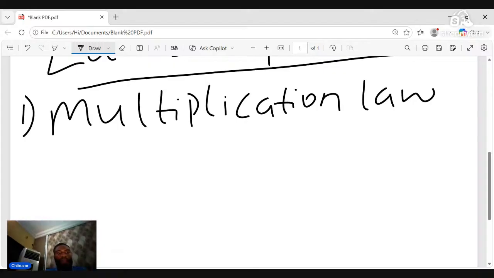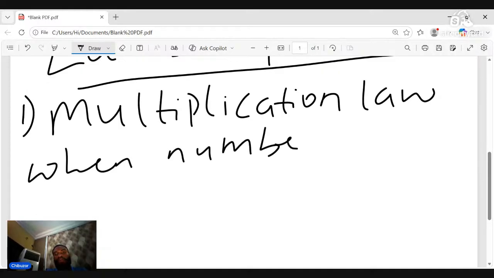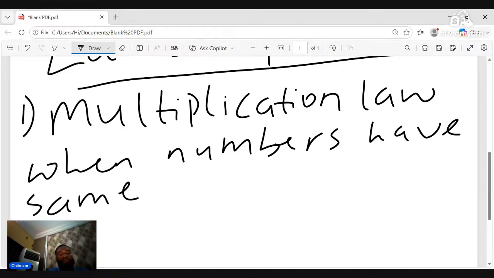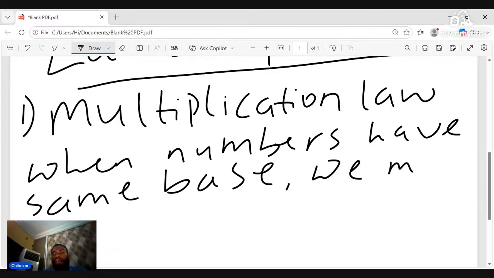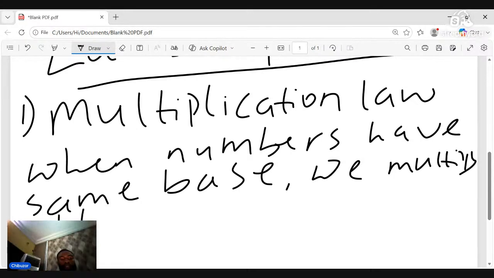Here we have that when numbers have the same base, we multiply by adding their powers.